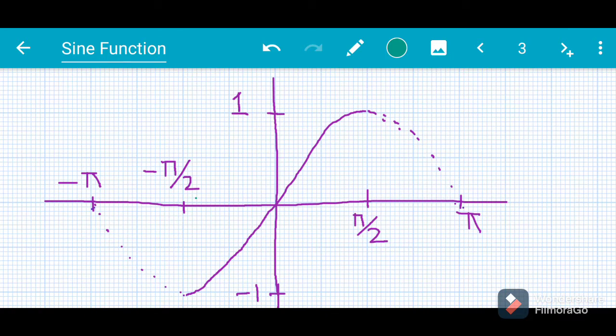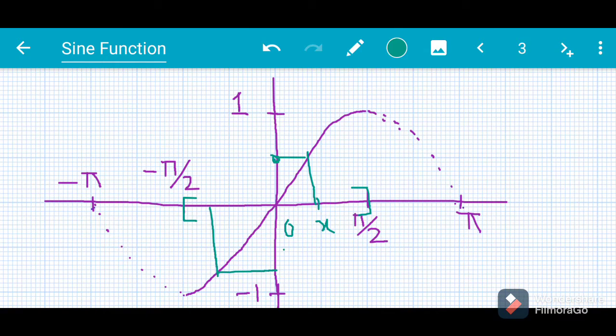Fine. So now you see from this part to this part, your domain is minus pi by 2 to pi by 2. If you pick any point x from 0 to pi by 2, the corresponding sine x is between 0 and 1 on the y-axis. Similarly, you pick any point from the other side and get the corresponding value.